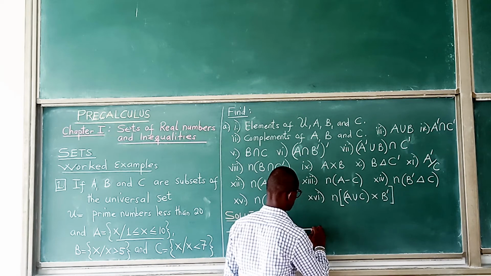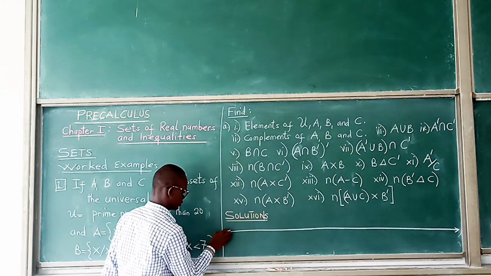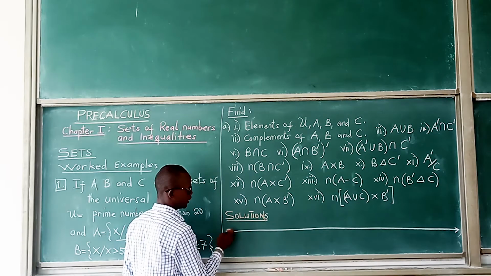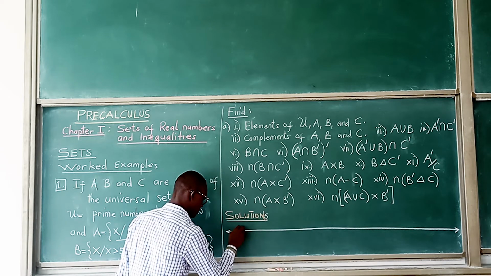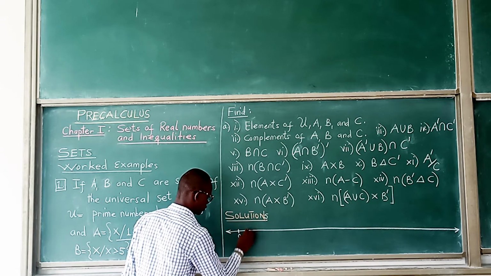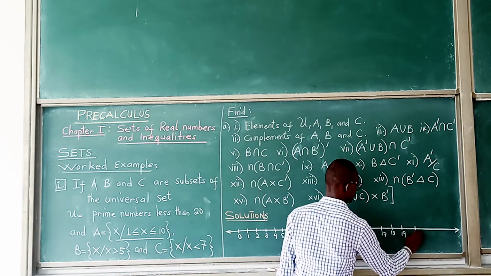This is the number line, for example. We have from 1 all the way to 20, right? So we say let this be 0, this is 1, 2, 3, 19, 20.